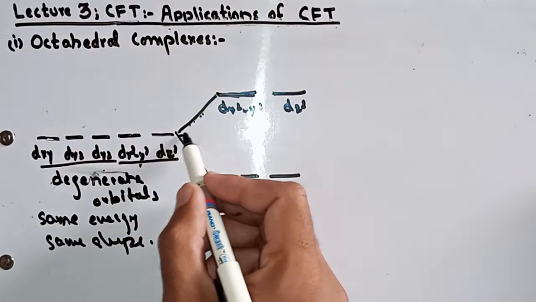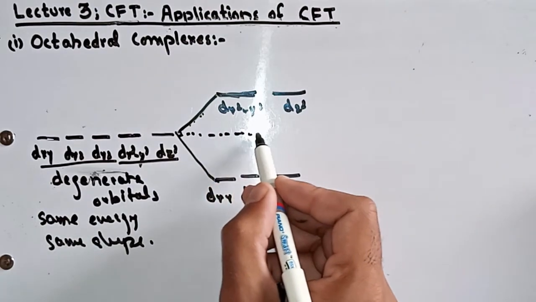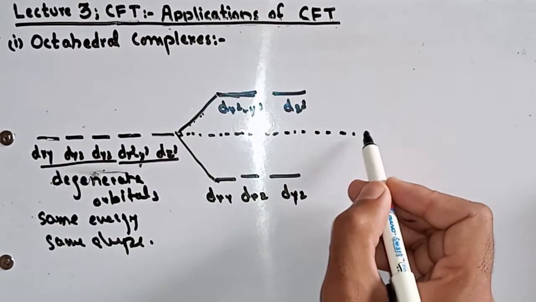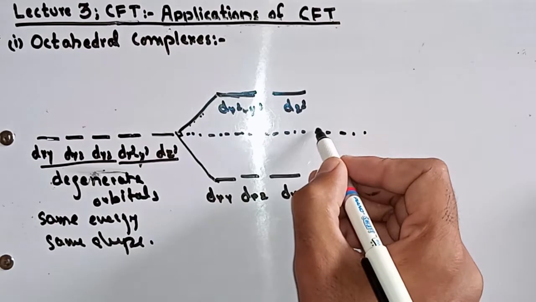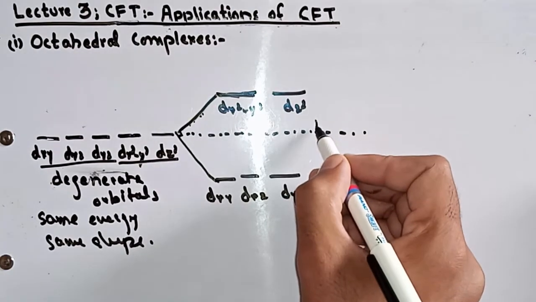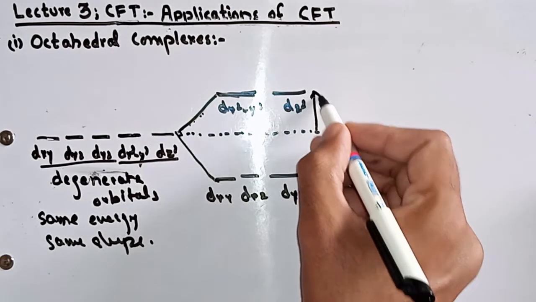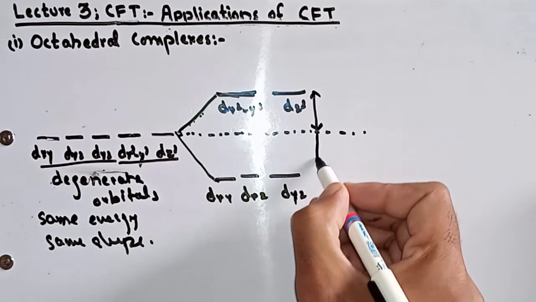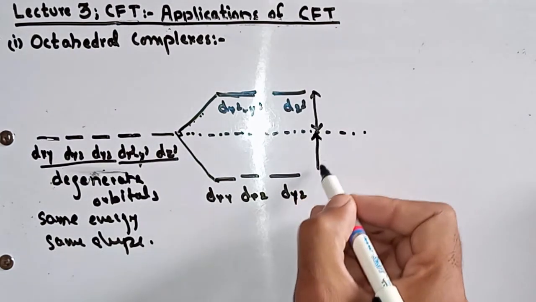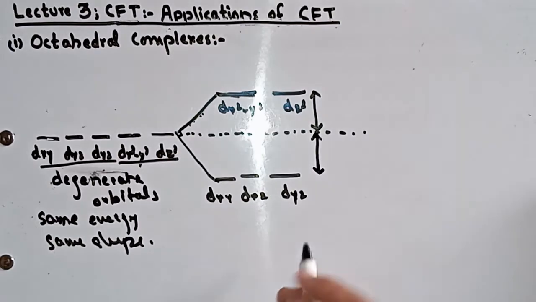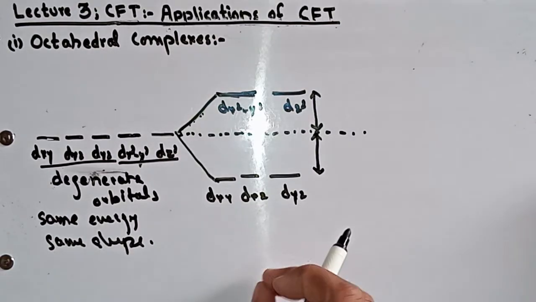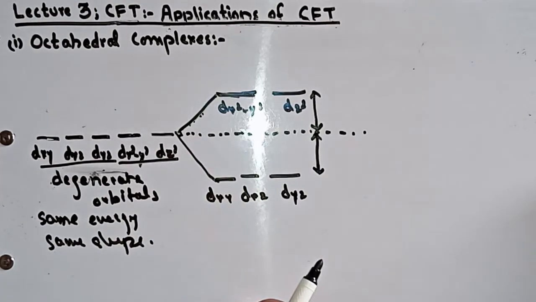So let's suppose that is the normal position. From the normal, some energy is increased and some energy is decreased. So let's see how much energy is increased and how much is decreased.